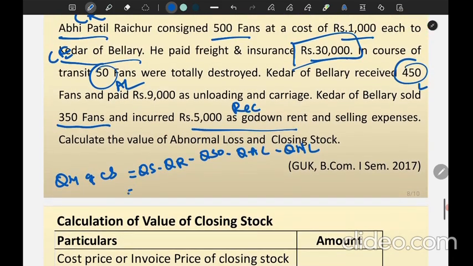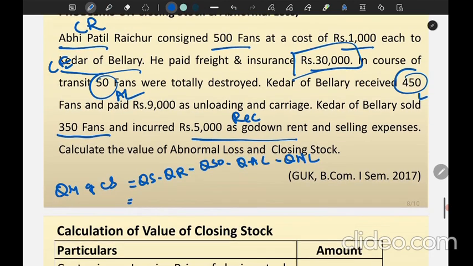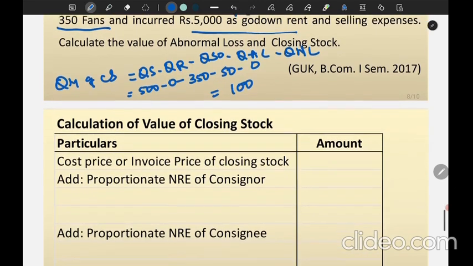So, how much was sent? 500, minus returned was 0, then quantity sold is 350, quantity of abnormal loss is 50, and quantity of normal loss is 0. So we get closing stock units as 100.